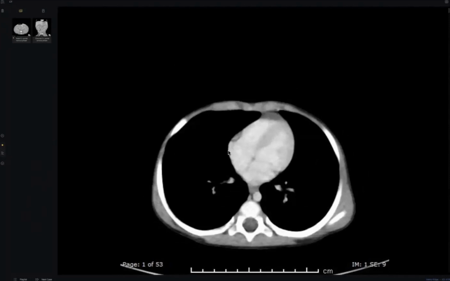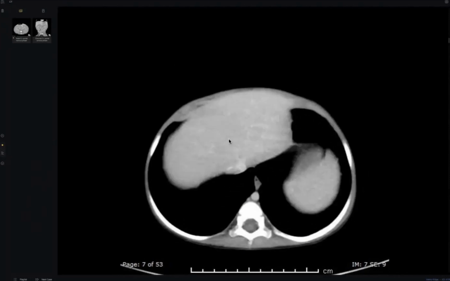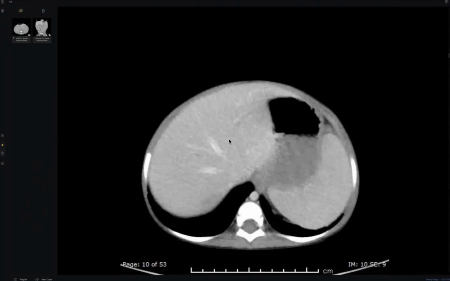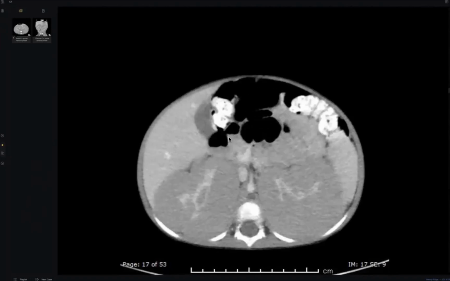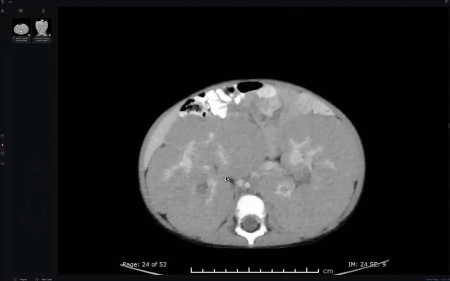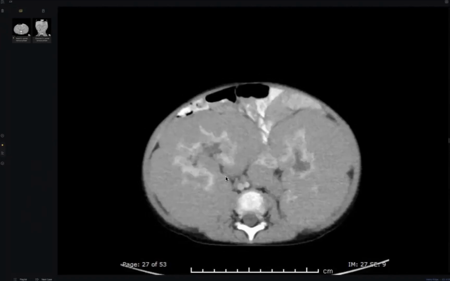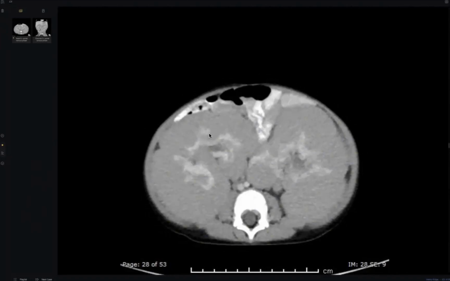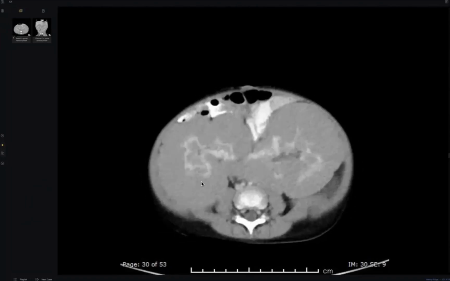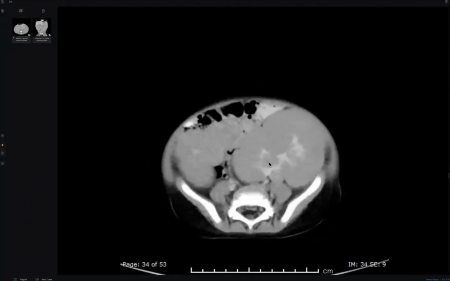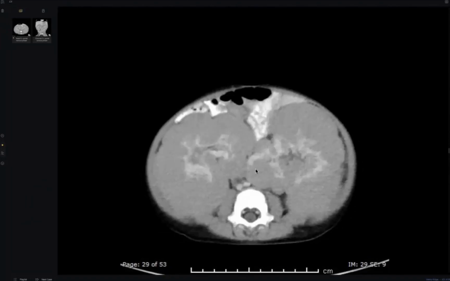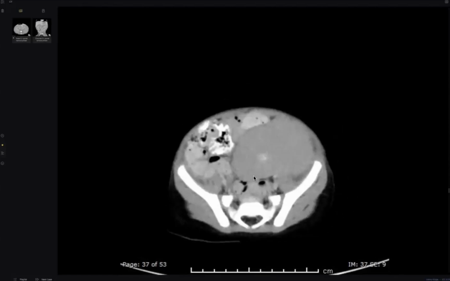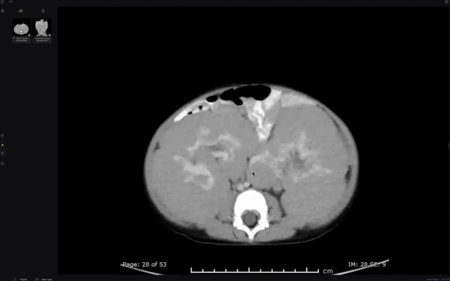These are contrast-enhanced CT examinations of the abdomen of a pediatric age group patient. I can appreciate that both kidneys are markedly enlarged and show a low-density renal cortex. They are approaching the bilateral pelvises.